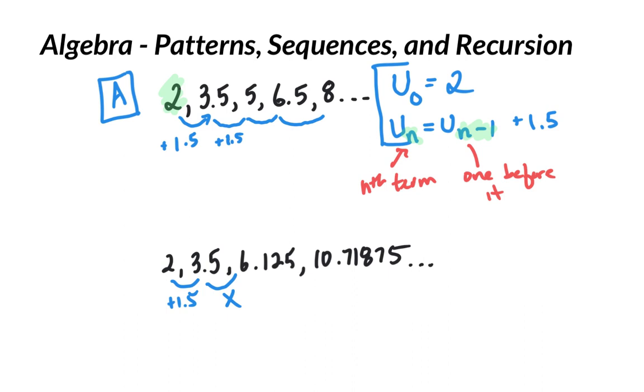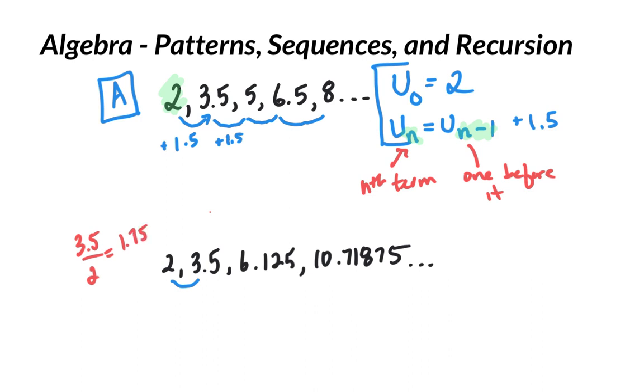Okay? Now, down in this second example, this addition of 1.5 didn't work. So then what I would do is I'd say, well, let's see if I could divide and get a common ratio, a multiplier. Well, 3.5 divided by 2 is 1.75.